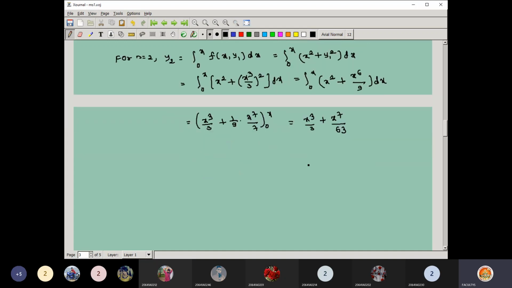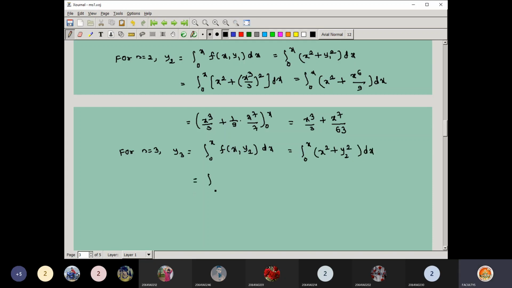To get the correct answer, I am going for the next approximation also. So n equal to 3, it is y3: the integral from 0 to x of f(x, y_{n-1}), which is y2, dx. Looking at the same model f(x, y), as per your problem, x squared plus y squared, so it is y2 squared, dx.